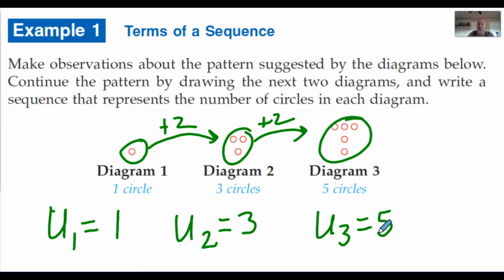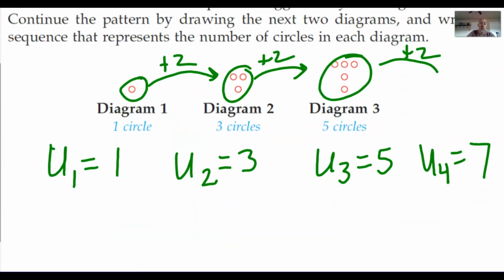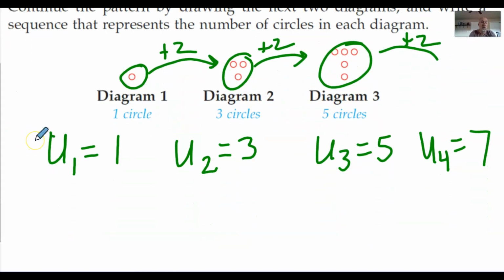Now looking at that pattern, you can probably figure out that the fourth term is going to be 7. And how did I get that? Just add 2 more. Now this pattern is what's known as a recursive pattern because you can figure out the next term in this sequence by knowing the one previous.